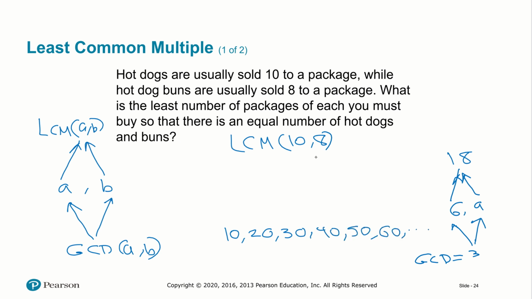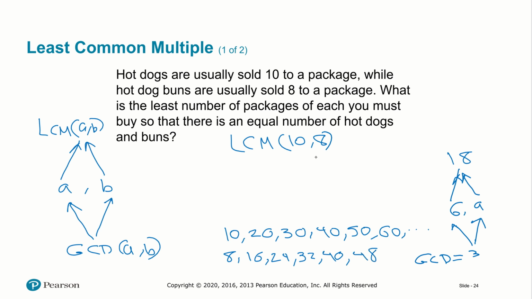Now list some multiples of 8. So this is a very crude way of finding the least common multiple, but it works. So we have 8, 16, right? I'm just multiplying by 1, by 2, by 3, by 4, so 32, by 5, so 40, by 6, so 48.